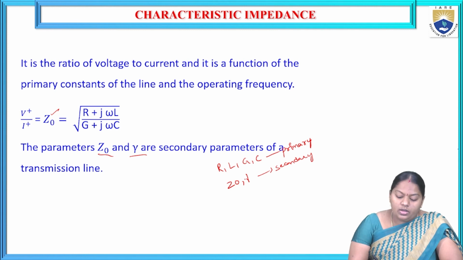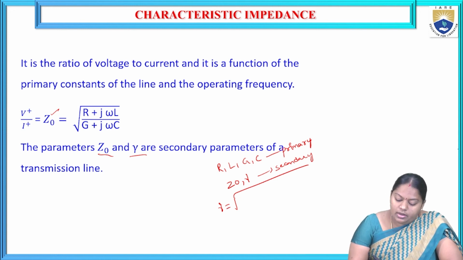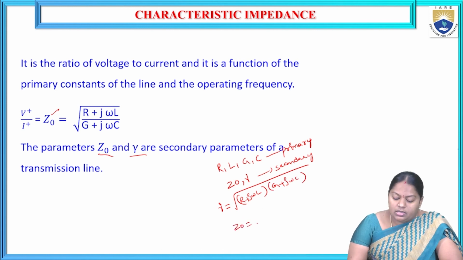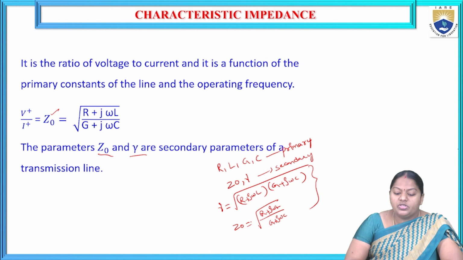So the propagation constant gamma can be written with the transmission line characteristics as gamma equals root over (R + jωL)(G + jωC), and Z0, the characteristic impedance, is root over (R + jωL) by (G + jωC). Right? So these two are called secondary constants of a transmission line.